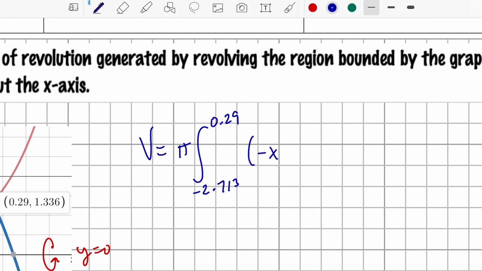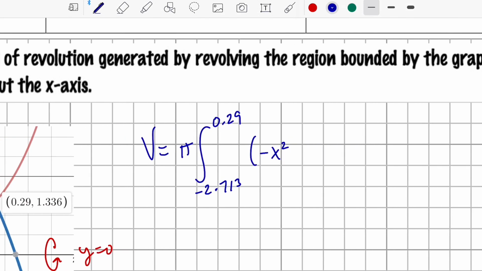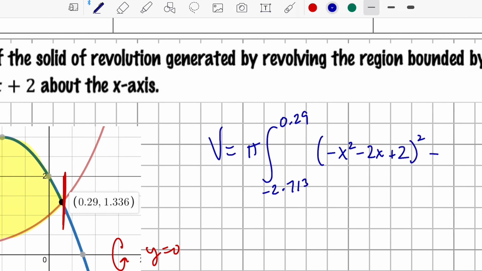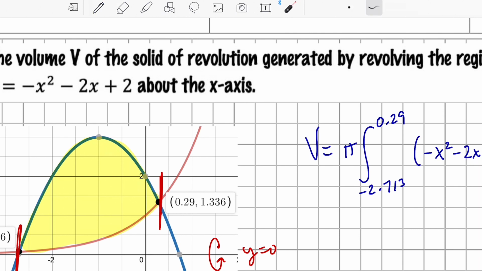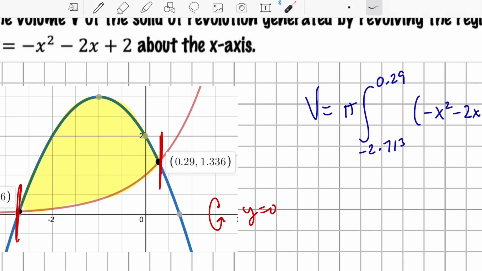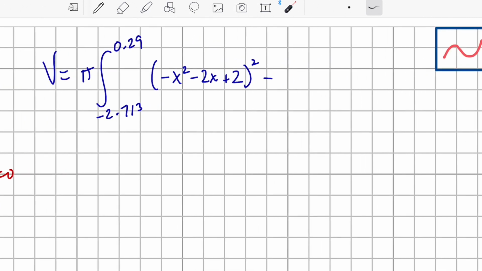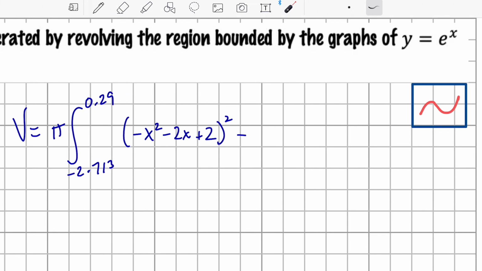So it'll be negative x squared minus 2x plus 2, squared, minus, and then the function that is closest to the axis of rotation is this one, which is e to the x. So it's e to the x minus 0, which is just e to the x. So it'll be e to the x, squared, dx.